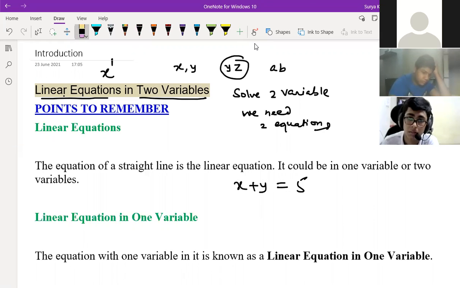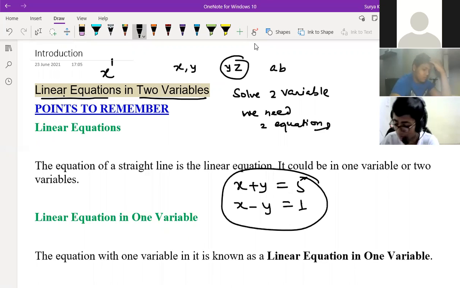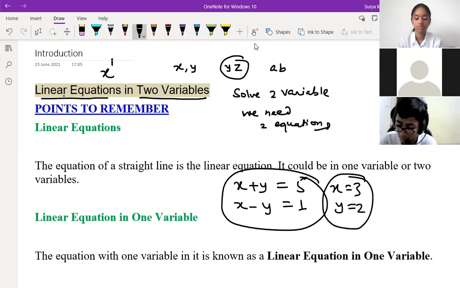Exactly two equations. Suppose x plus y is equal to 5, I'm writing, and the second equation is x minus y is equal to 1. Then 100% you can say that x is equal to 3 and y is equal to 2, correct? So how to solve this type of equations, we have to learn in this chapter.